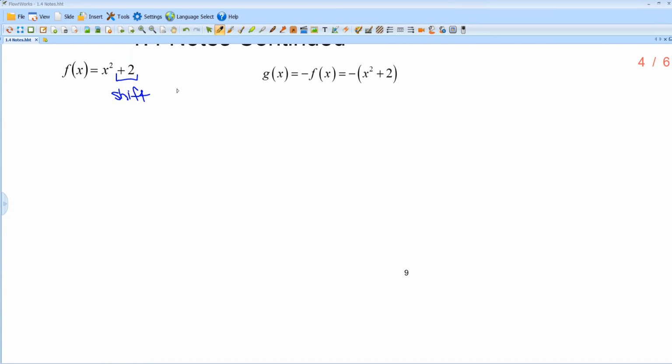If I look at this, this is x squared, which is not just x. So this cannot be a horizontal shift. If it were horizontal, this plus 2 would have to be just to a regular x, with very, very few exceptions. So this is going to have to be a shift, and it's vertical.